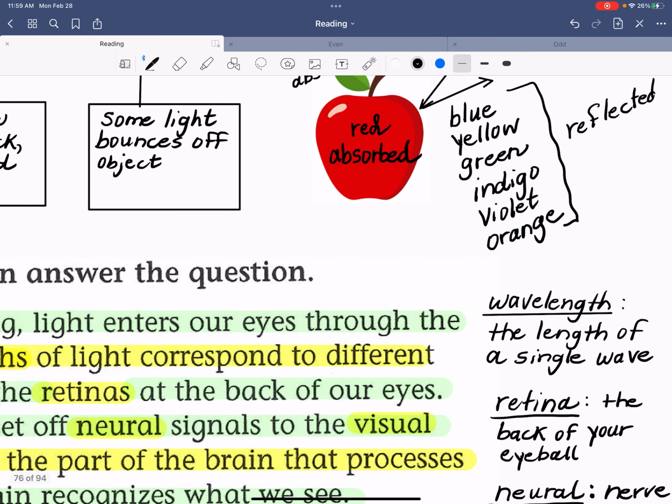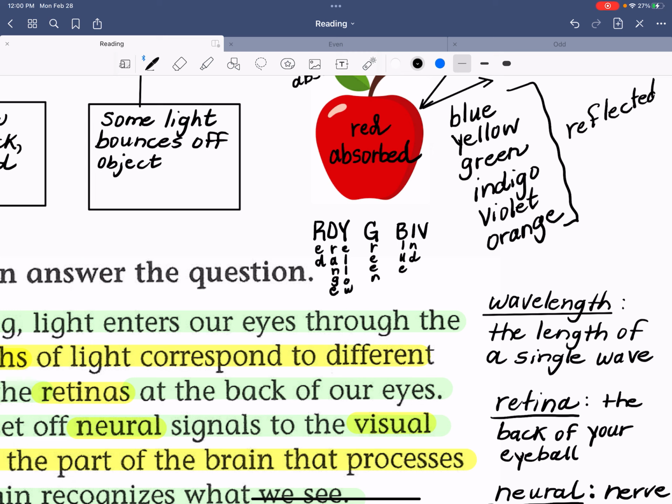And while I'm thinking about it, let me give you this. I meant to do it the other day. This will help you remember the colors of the rainbow. If you can remember the little acronym, I always thought of it as a name, Roy G. Biv, where R is red, that's the longest, orange, yellow, green, blue.